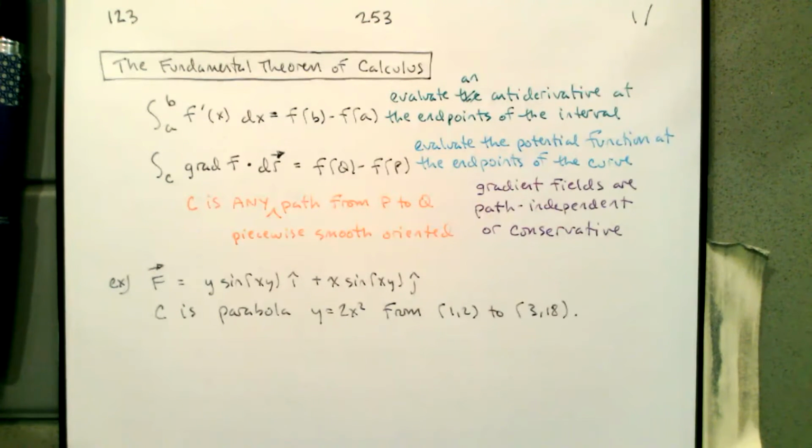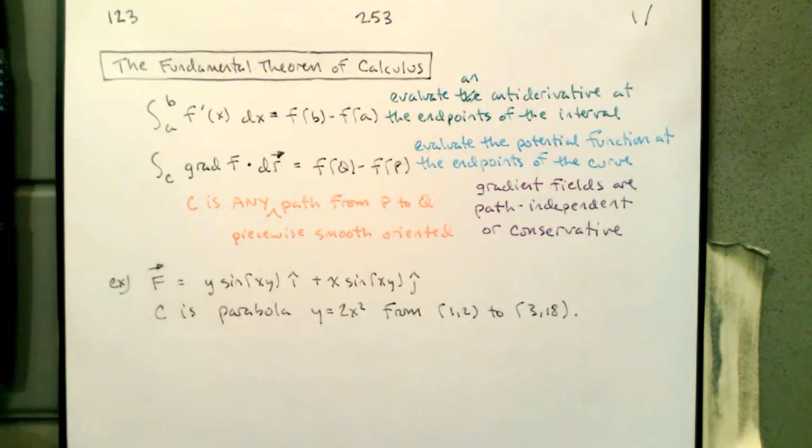we don't have to. What we want to do is check if f is a gradient field. So let's check if this vector field is path independent. And then we can apply the fundamental theorem of calculus and we'll be well on our way.